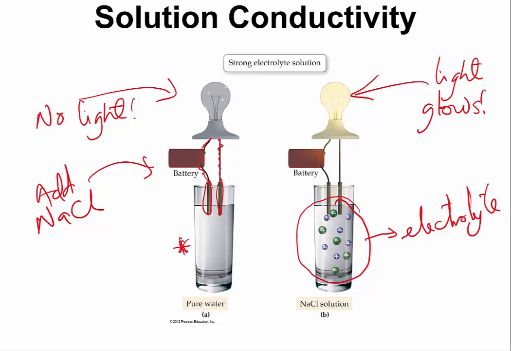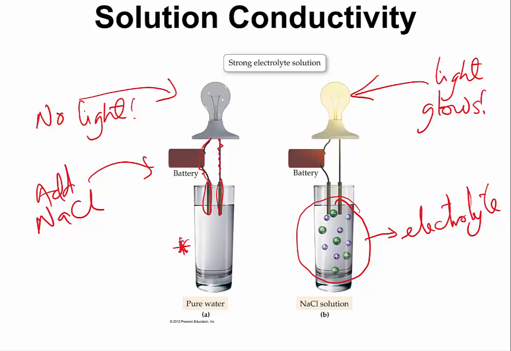And why is it capable of conducting electricity? Because it contains ions that will be able to propagate the electrons, which leads to current that is lighting up the bulb.